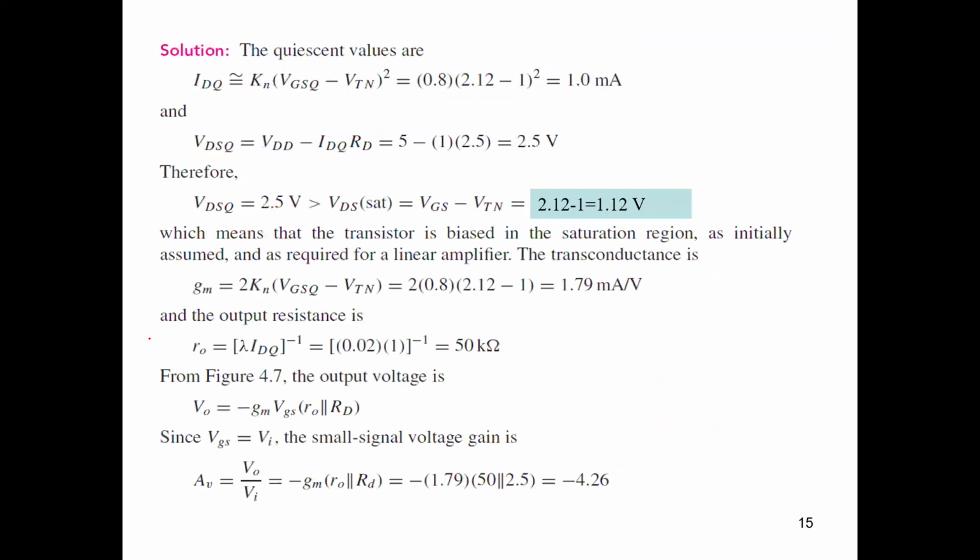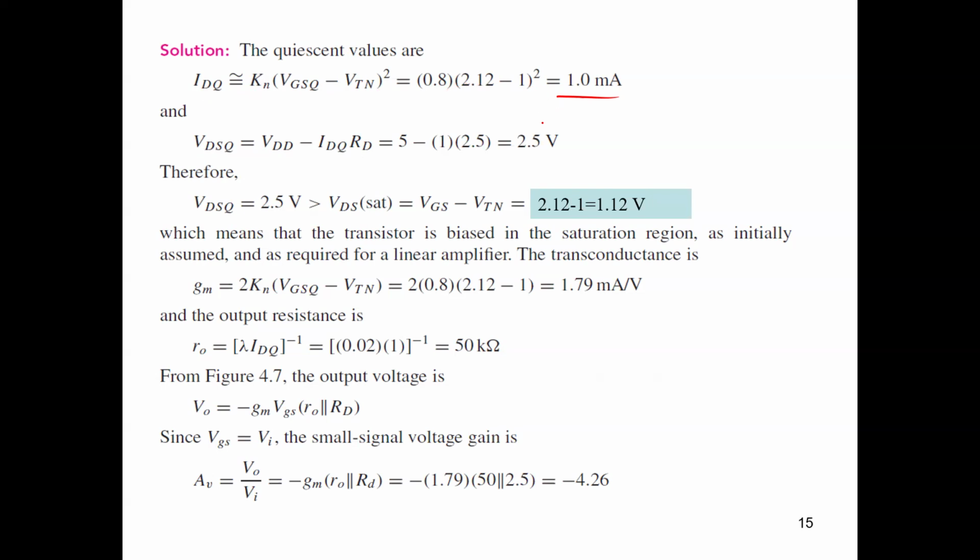So let's substitute in the relations here. Firstly, you know that IDQ equals Kn times VGS minus VTN, squared. So Kn is given as 0.8, VGS equals 2.12, and VTN is 1. Substitute and get the value of IDQ.